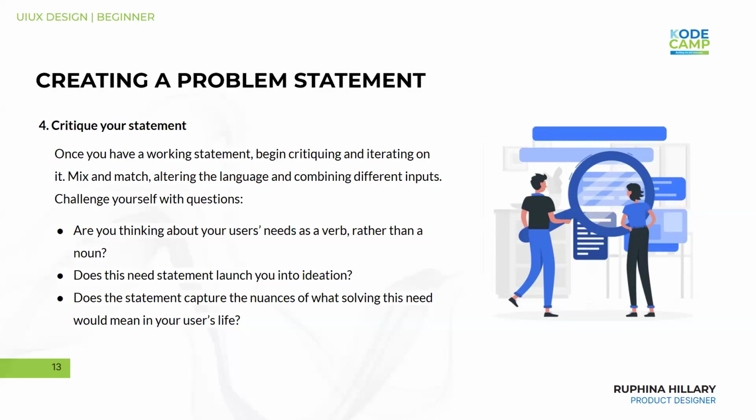Once you have a working statement, begin critiquing and iterating on it. Challenge yourself with questions. Are you thinking about your user's needs as a verb rather than a noun? Does this statement launch you into ideation? Does this statement capture the nuances of what solving these needs would mean in your user's life?